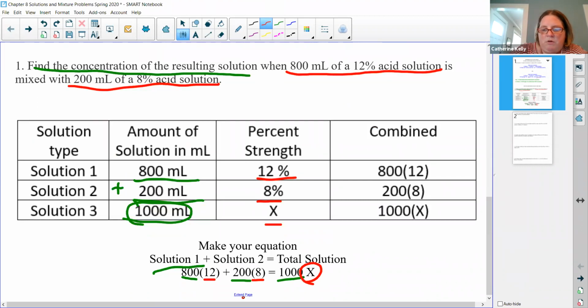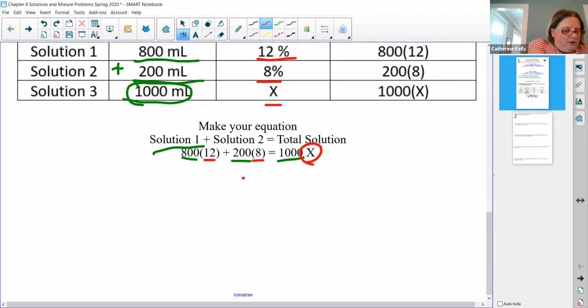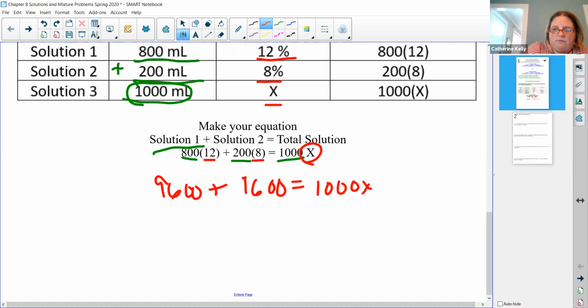So let's solve it. 800 times 12 is 9,600, plus 200 times 8 is 1,600, equals 1,000x. I'm going to add those two together, 9,600 plus 1,600, and I get 11,200 equals 1,000x.